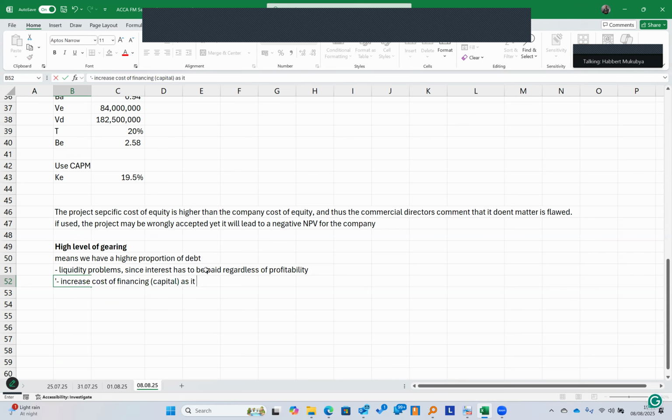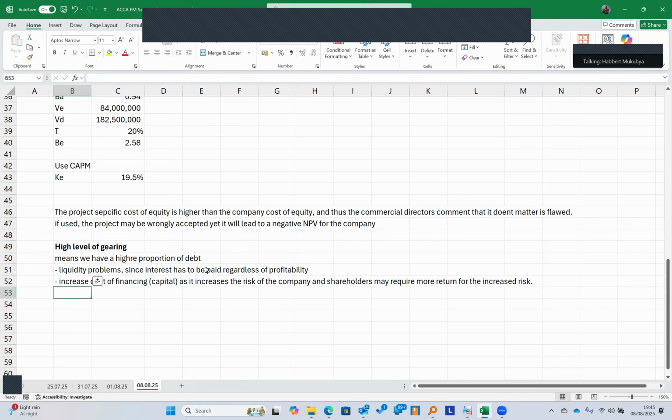As it increases the risk of the company, shareholders may require more return for the increased risk. Shareholders usually give you money, but they want more return if you have more risk.